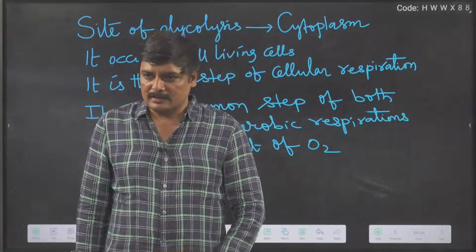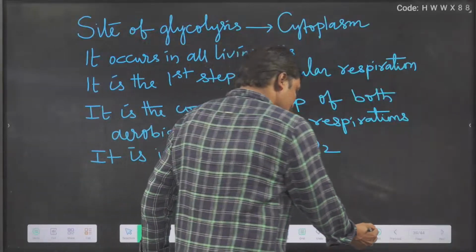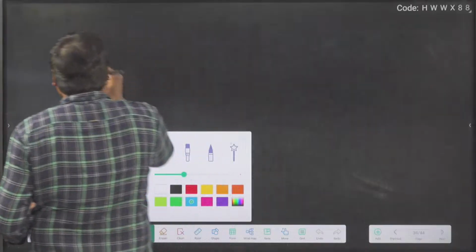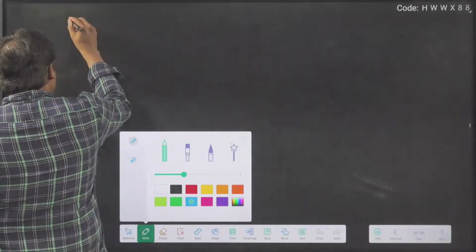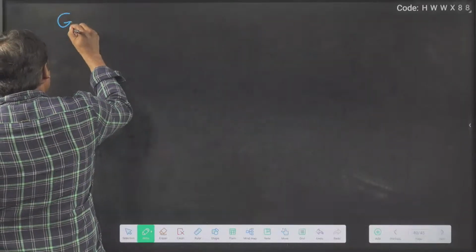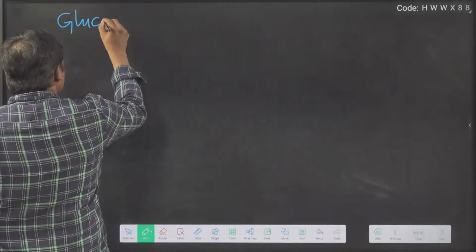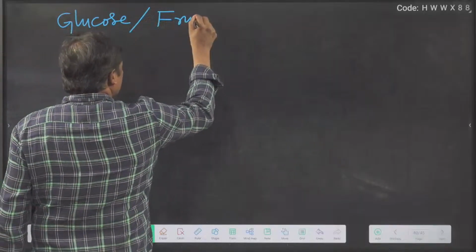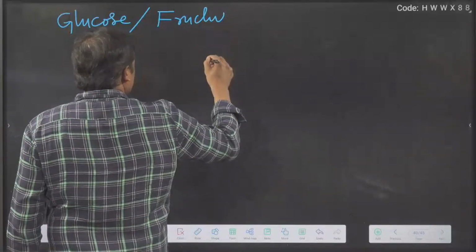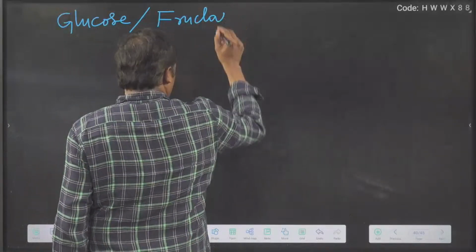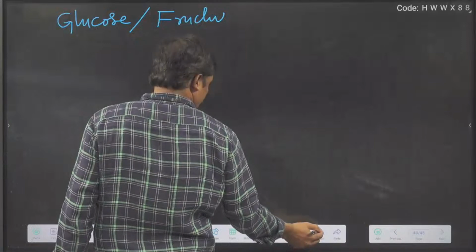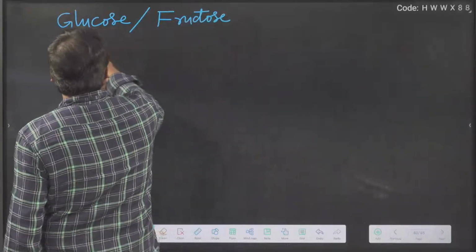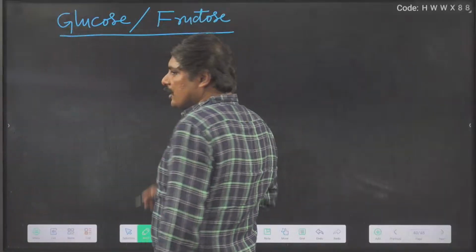In glycolysis, the substrate is glucose or fructose.